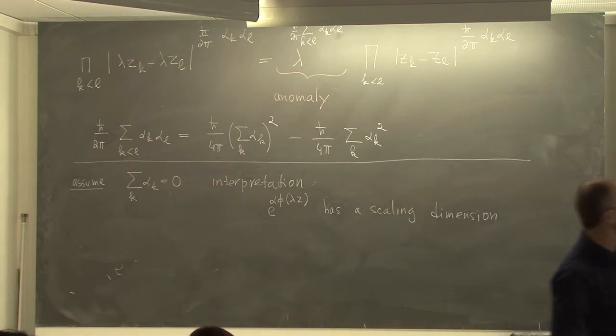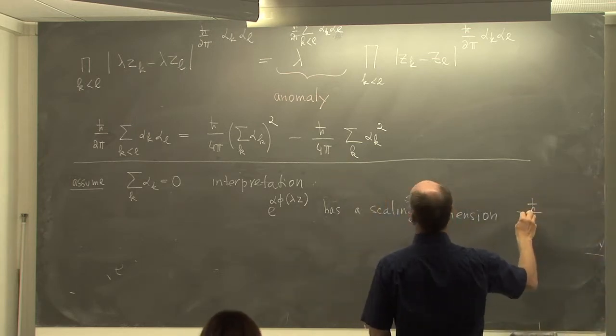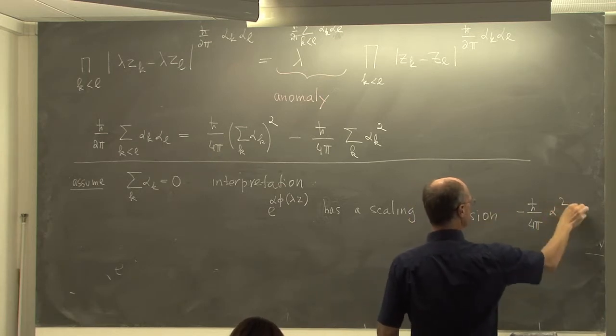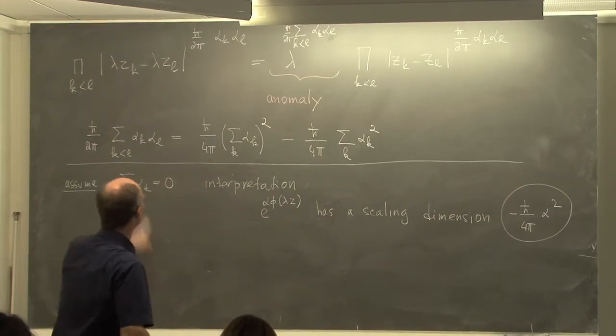The scaling dimension in that sense, which is equal to minus h over 4 pi alpha squared.